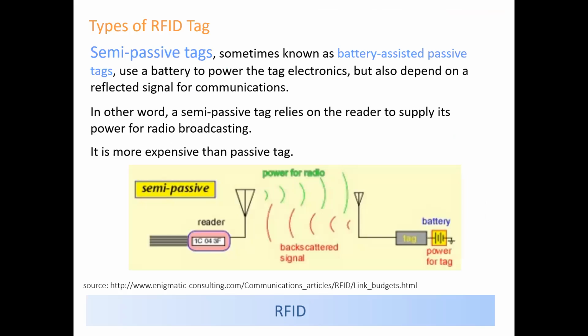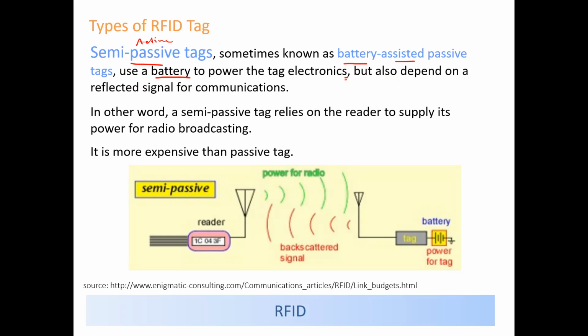Okay, another type is the semi-passive tag, or sometimes called battery-assisted passive tags. So it's in between passive and active. It uses a battery to power the tag electronics, but also depends on the reflected signal for communication.